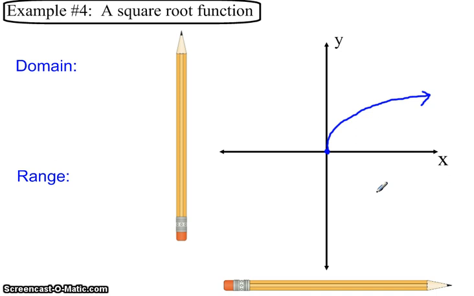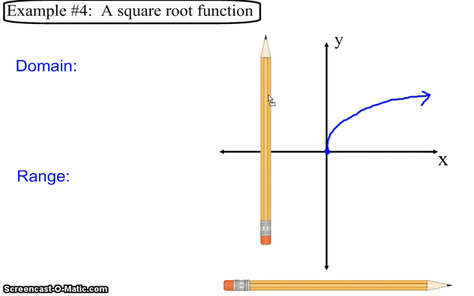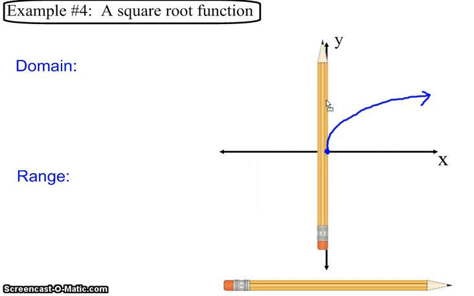As far as the domain goes, as I'm going left to right, I don't hit anything on the graph until I get to 0. So the first value is 0. I'm going to write that in, and it's a closed circle, so I will make that less than or equal to.